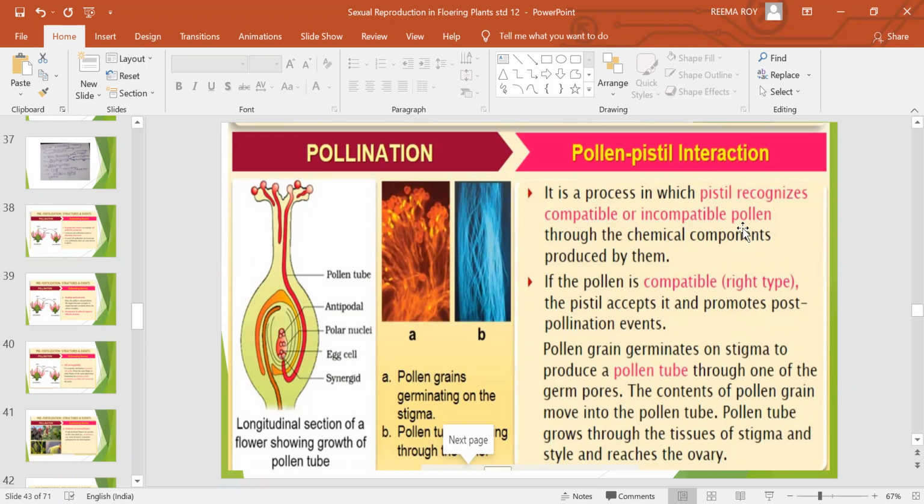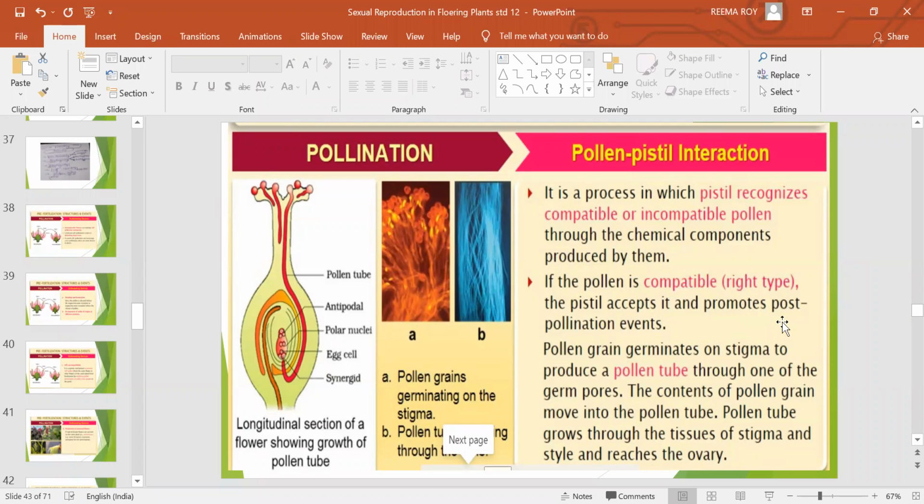The girls, example girls सोचेंगे हाँ ये लड़का ठीक है, हाँ तो ठीक है चल जाएगा. अगर ठीक नहीं है, so that's not a compatible नहीं है, right type नहीं है, वो wrong type है, bad type है. ठीक है. So if the pollen is compatible, right type, the pistil accepts it. वो बंदा ठीक है, तो मैं accept करेगी.